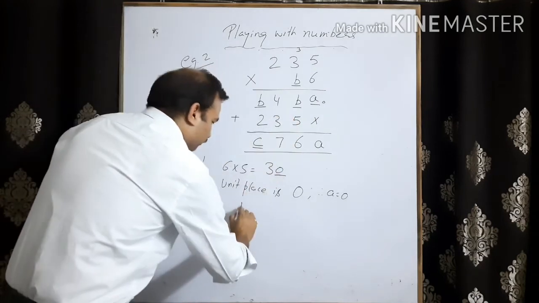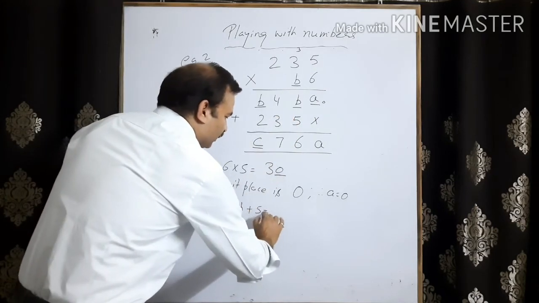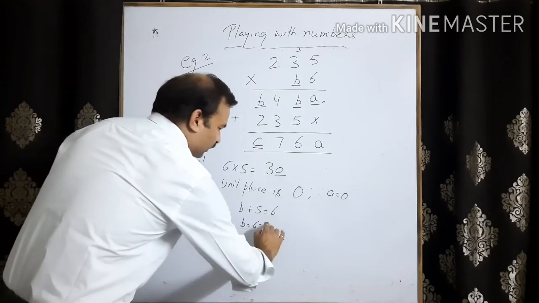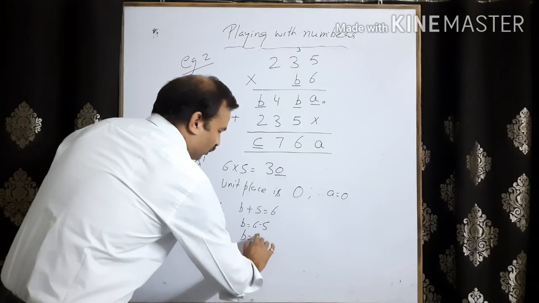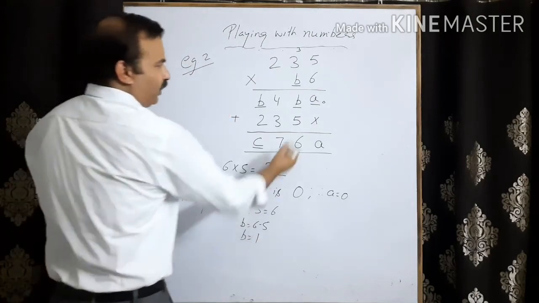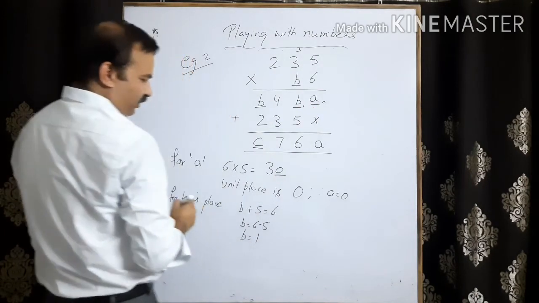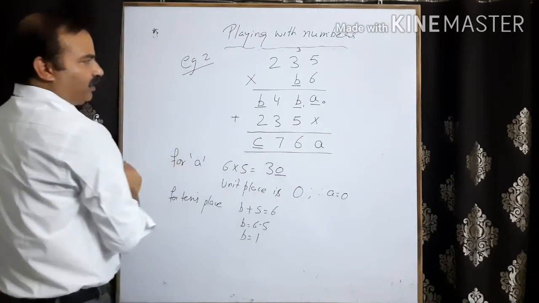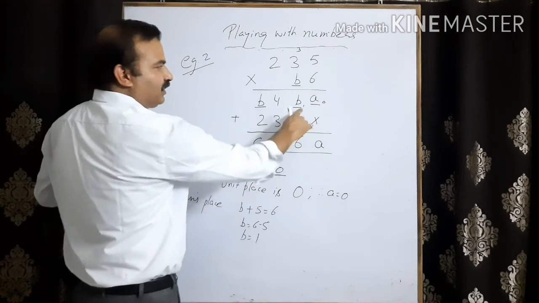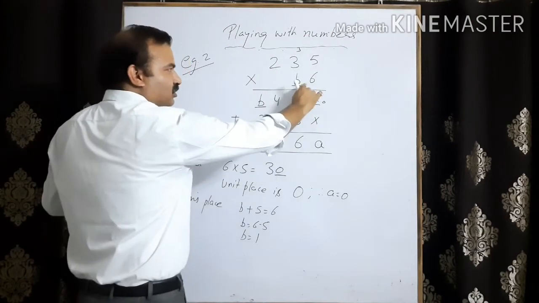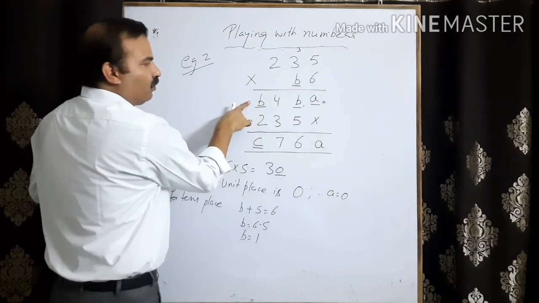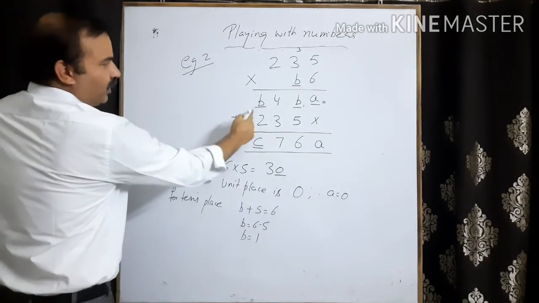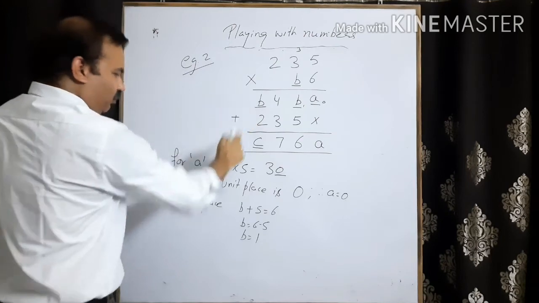For the tens place, we have B plus 5 is equal to 6, or we can say that B is equal to 6 minus 5. What we got is B is equal to 1. I'm just writing it small here, 1. So we got the value of A as 0, and the value of B as 1. If this B is 1, it means this is also 1, this is also 1, and this is also 1. So if we add 2 and B, in place of B we write 1.